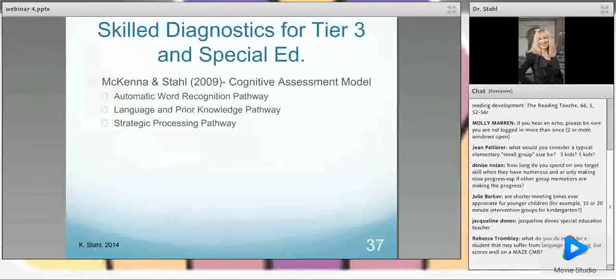Now, what about children who are very far behind, who are in special ed or in Tier 3? Again, I rely on the cognitive assessment model that's in the McKenna and Stahl book, all right?